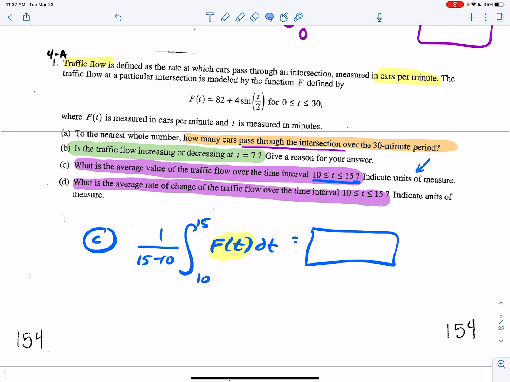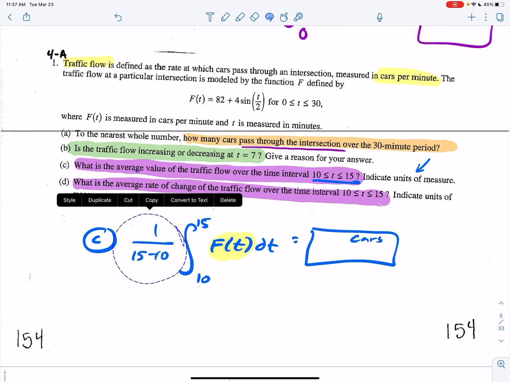Now think about what happens when I attach this 1 over 15 minus 10. Okay, so actually let me do that again. So this alone represents the amount of cars. But if I take this over here, think about what 15 minus 10 represents. 15 and 10 is a representation of time.